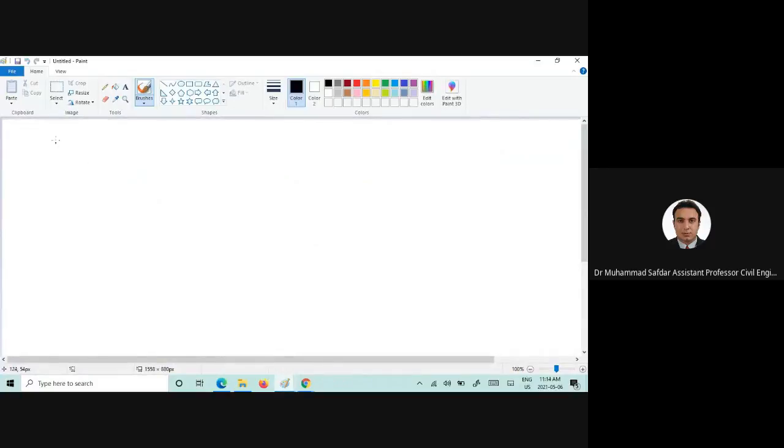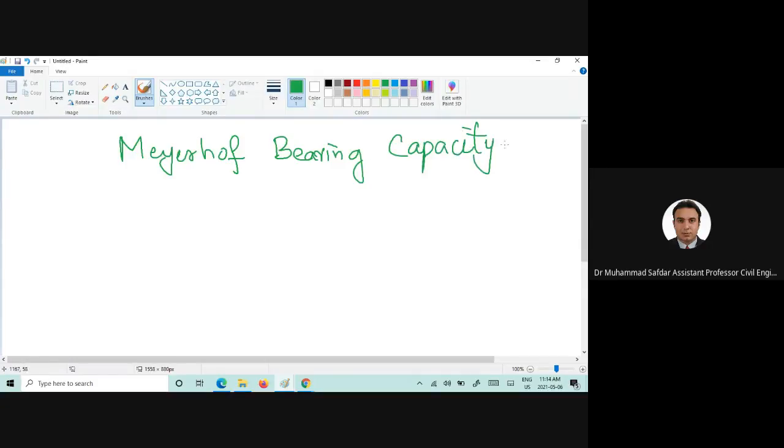Now we need to use the Meyerhof bearing capacity equation to find out the Q ultimate.